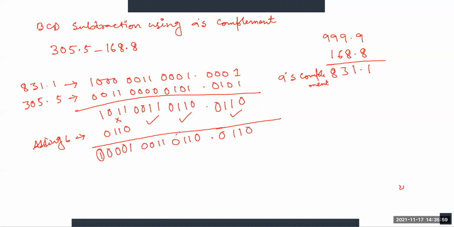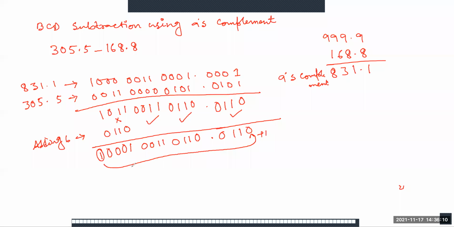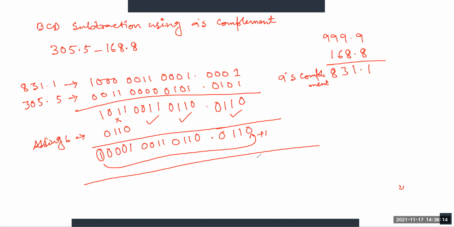There is no carry generated. So this end around carry is shifted to the first bit. First bit means this. So after that the final result is 1110.0110011 and this is 0001.